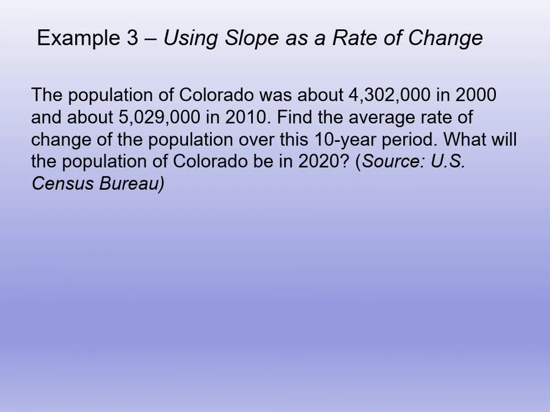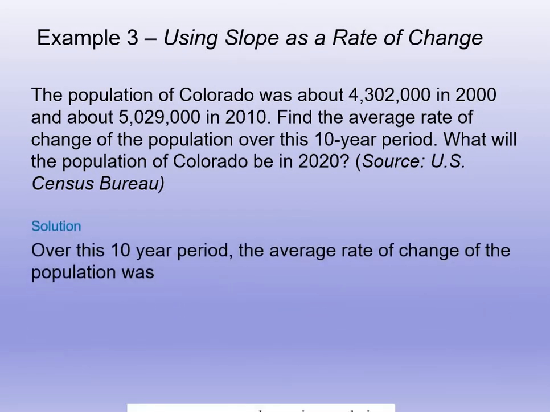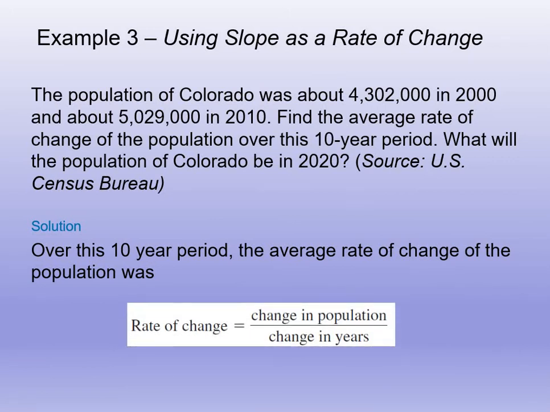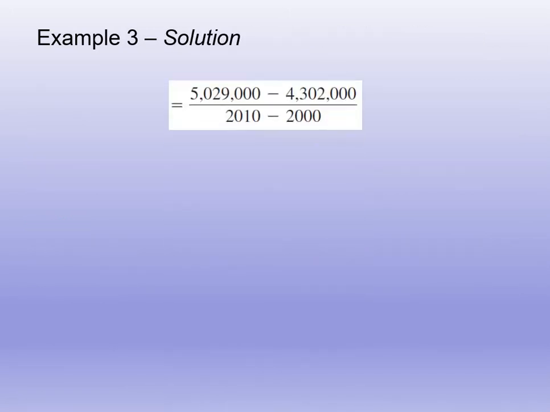So change in y, change in x. Change in population over years, so when we run through this, we take the 5 million minus the 4.3 million and divide it by the change in time, which is 10. So on average, the population is growing 72,700 people per year.